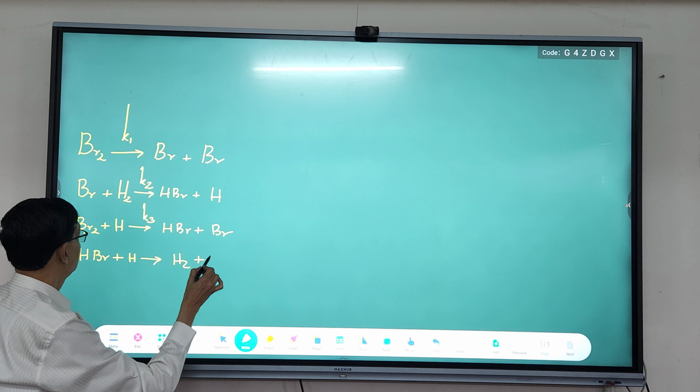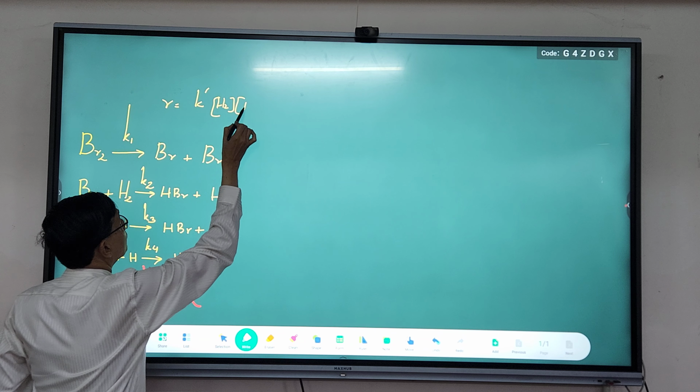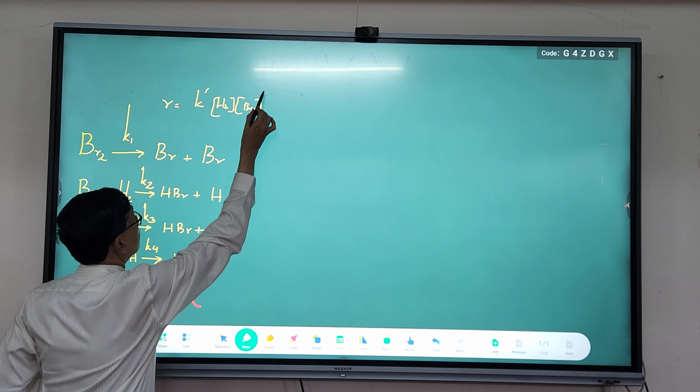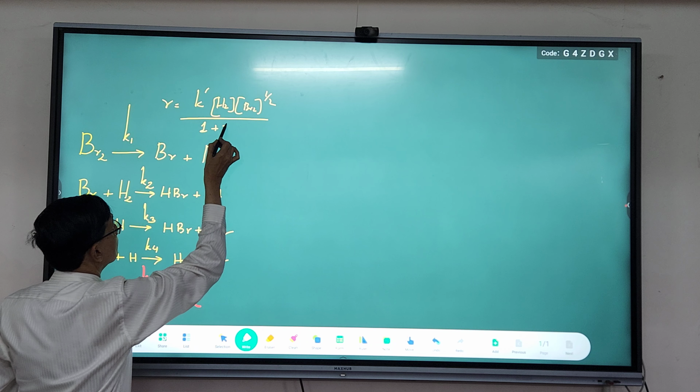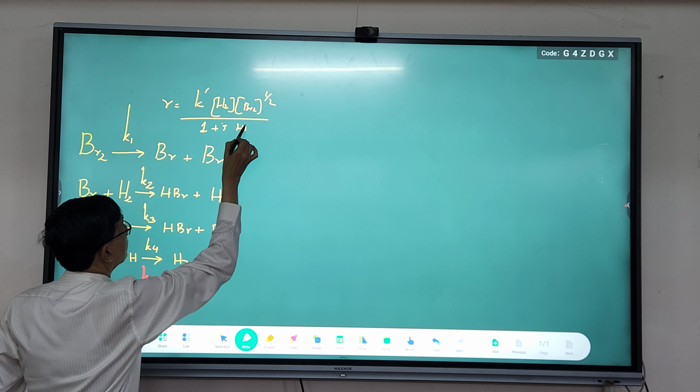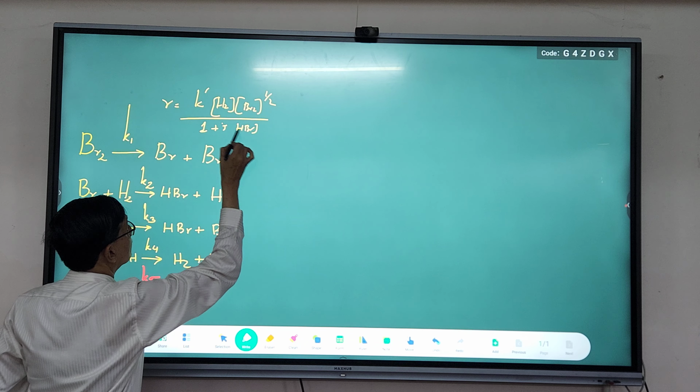Now if I want to write the rate law, rate is equal to some constant [H2][Br2] to the half, divided by 1 plus some J [HBr] divided by [Br2].